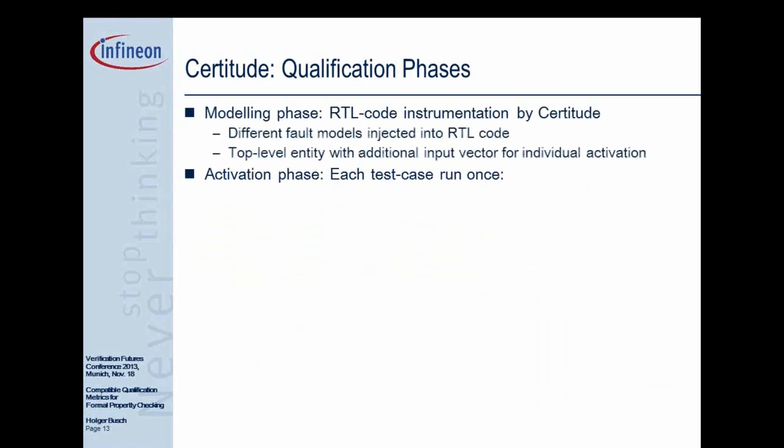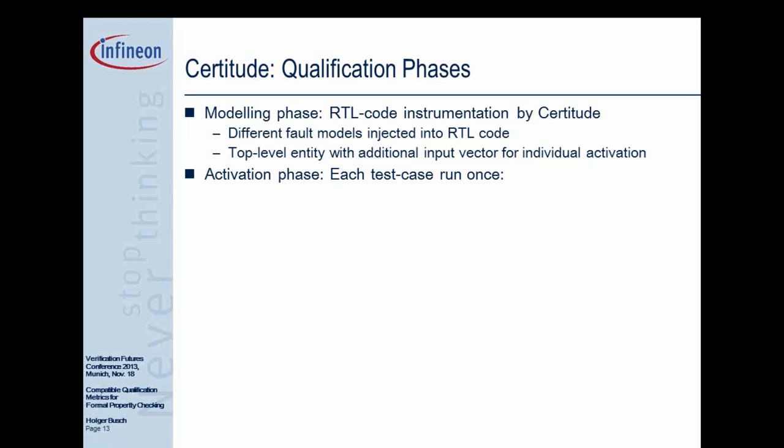We have a lot of different phases first, because you can well imagine it can be quite inefficient if you have 10,000 faults inserted in the design. Each of them can be activated, and for each there should be at least one test case which detects it. But if you're unlucky, then you really have to run a lot of test case fault pairs until you have detected all faults.